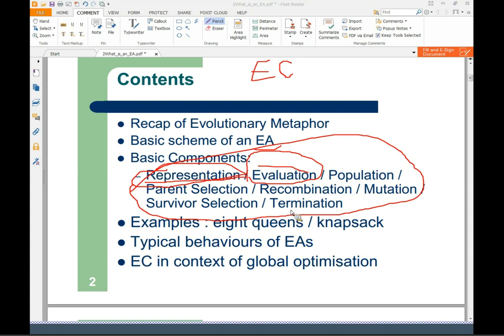But the fitness value is related to your creativity. The most important part of the fitness value is related to solving the problem. If you have a good fitness function, you can solve the problem.